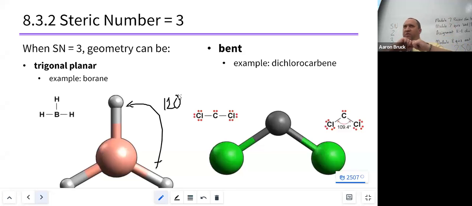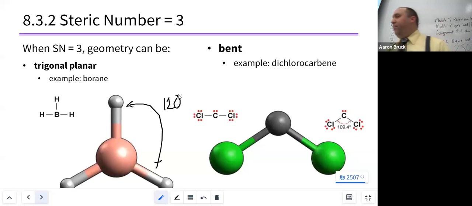If one of those gets exchanged for a lone pair, however, remember, the lone pair doesn't actually show up. We're only looking for molecular shape at the atoms. The molecular shape of this molecule, just looking at the atom, would be bent. Bent can also be called V-shaped or angular.